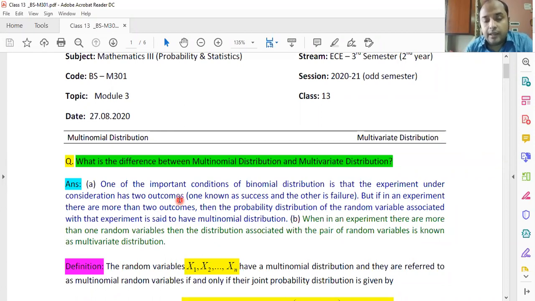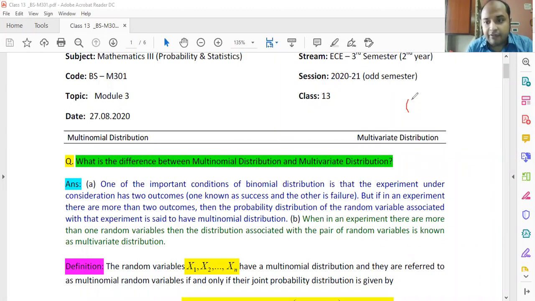How? If we expand the expression (p plus q) to the power n by the binomial theorem, the general term will be nCx p to the power x q to the power n minus x. What do I say?